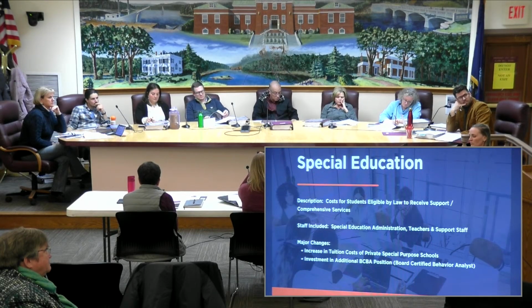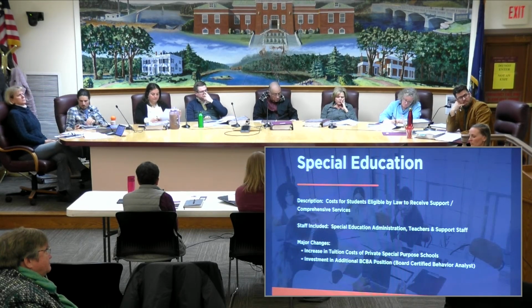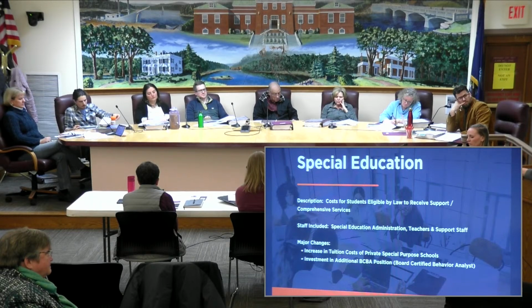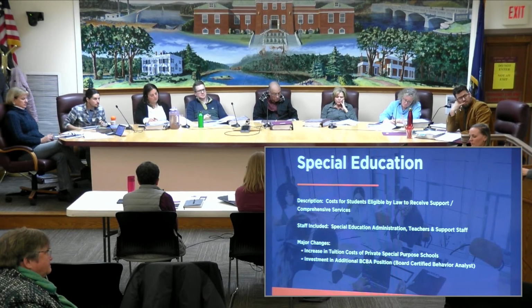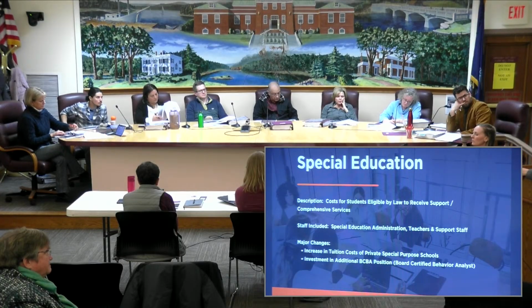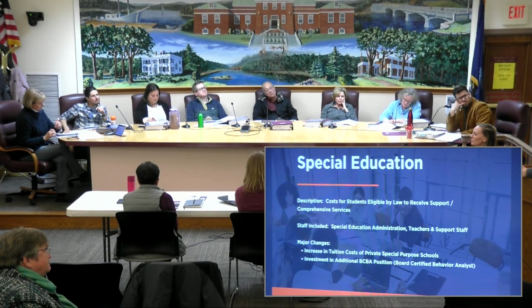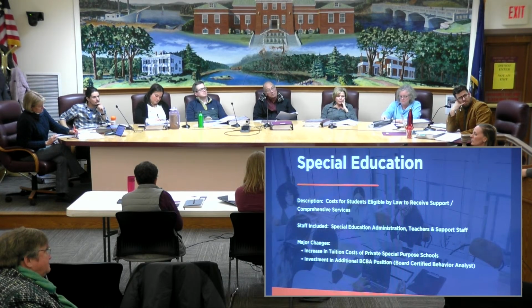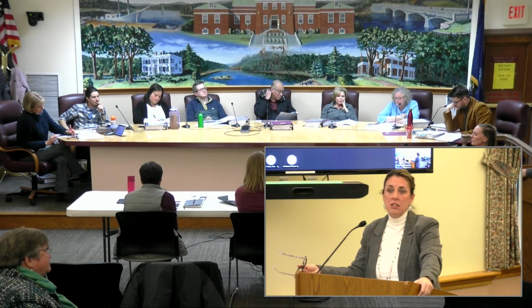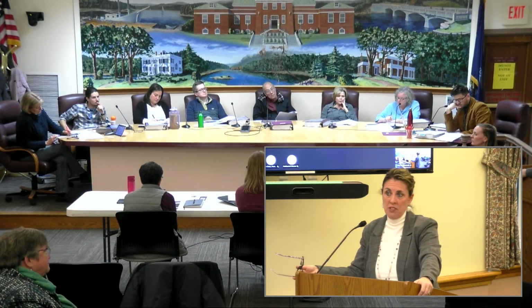The next cost center is special education. The biggest change in this is an increase in tuition costs when kids are placed at Kids Peace. Without divulging a lot of personally identifiable information, we have some significant behaviors in our schools that results in students being placed at residential treatment facilities.